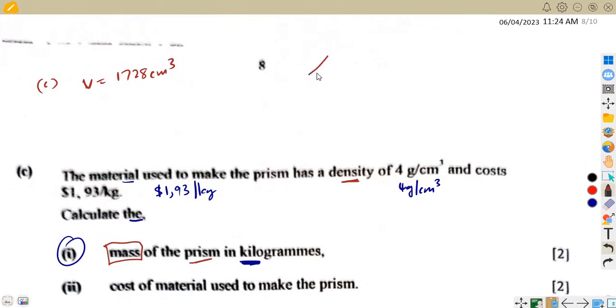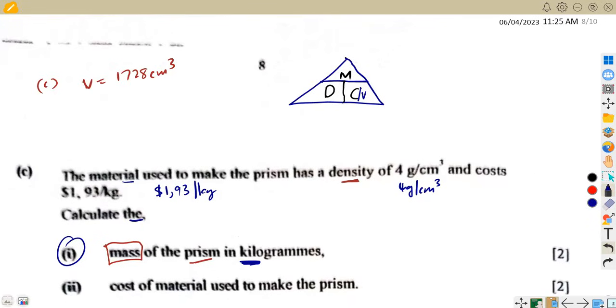So remember, from our MDC or our MDV, this concept here, the MDC concept or the MDV concept. That's mass, density, capacity, or volume.